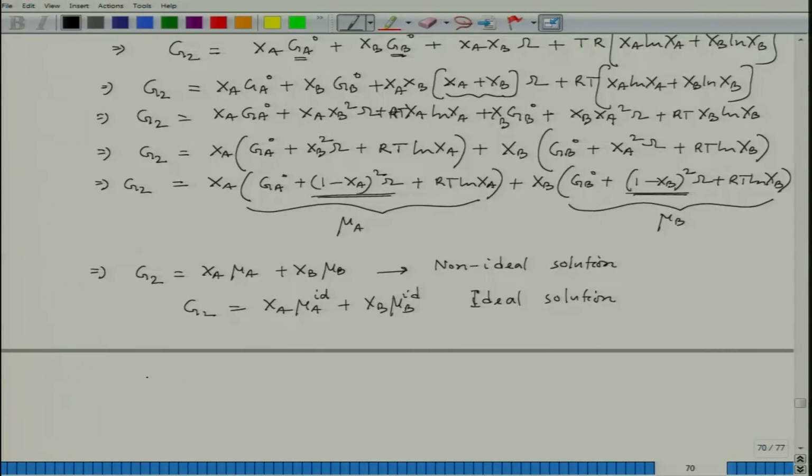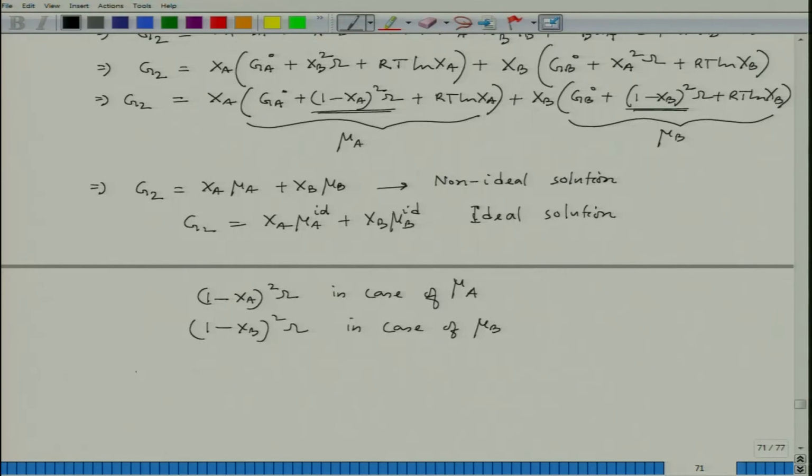So, the difference between chemical potential in case of non-ideal solution and chemical potential of that particular component in that solution in case of ideal case, the difference is, in case of mu A and 1 minus x_B square in case of mu B, this is the difference.